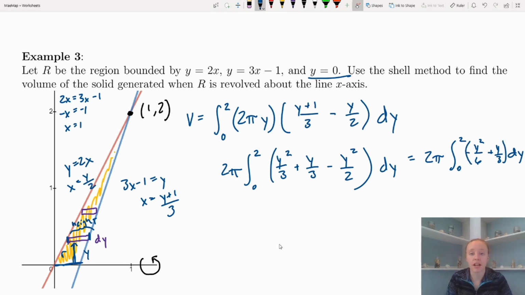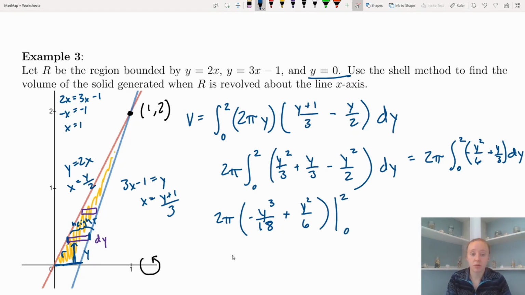Now I'm ready to integrate. So I'll have 2 pi times integrating y squared over 6, that will become y cubed over 18, but it's a negative. So negative y cubed over 18, and then I'm adding that to integrating y over 3, that would be y squared over 6, and my bounds go from 0 to 2.